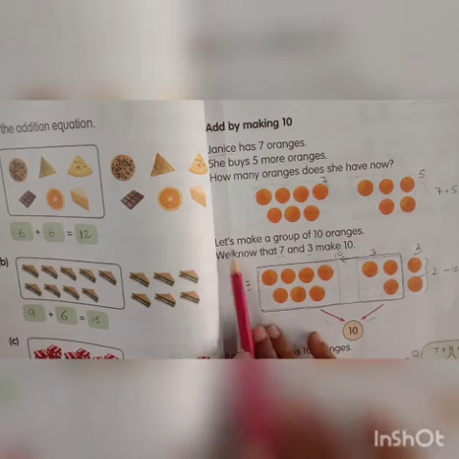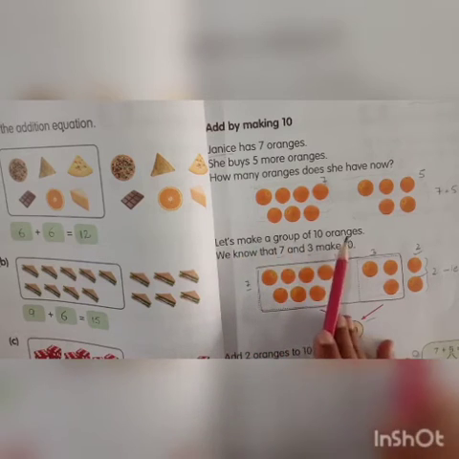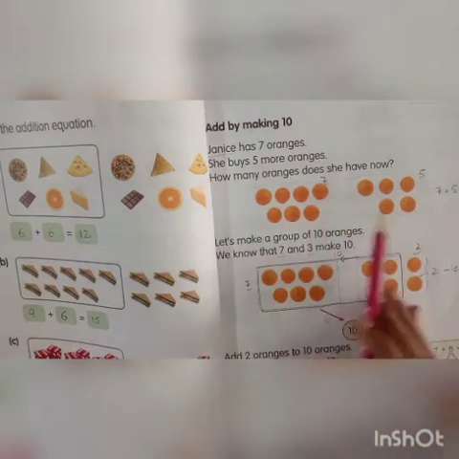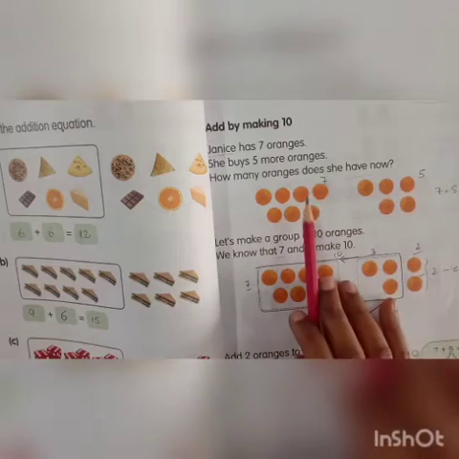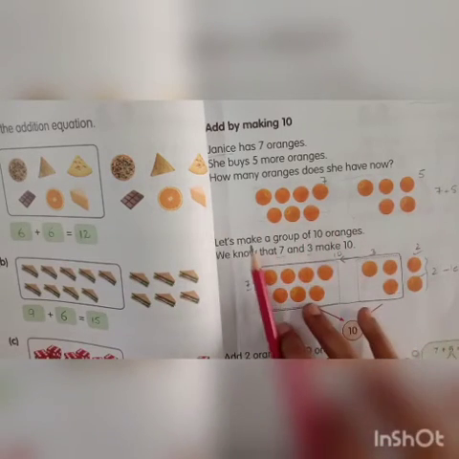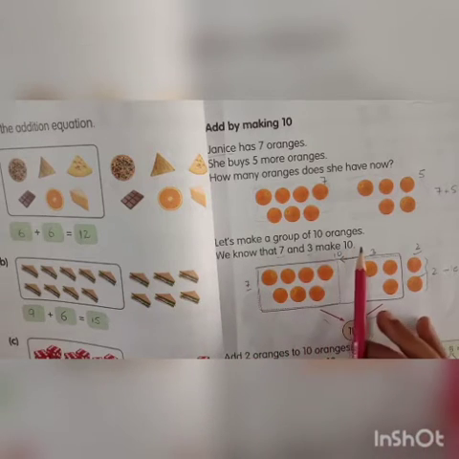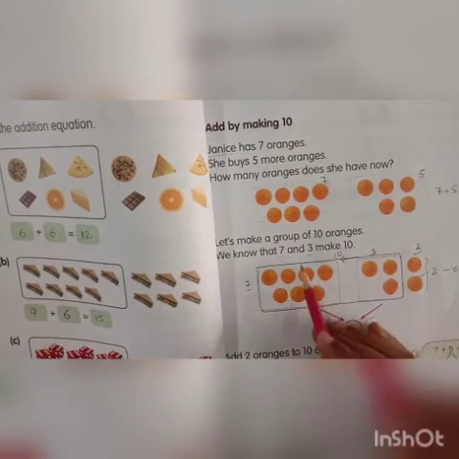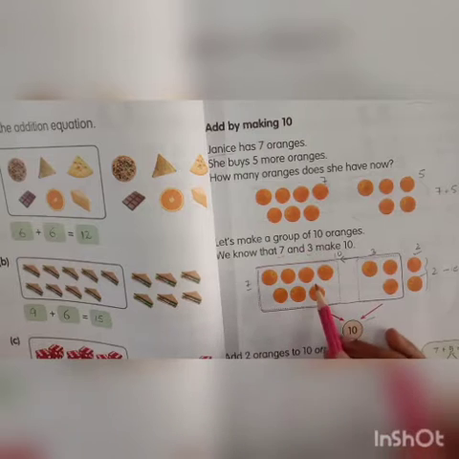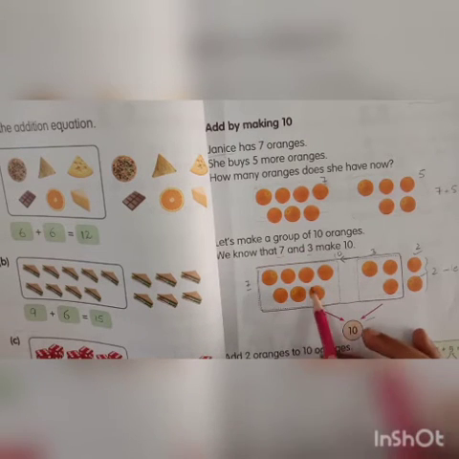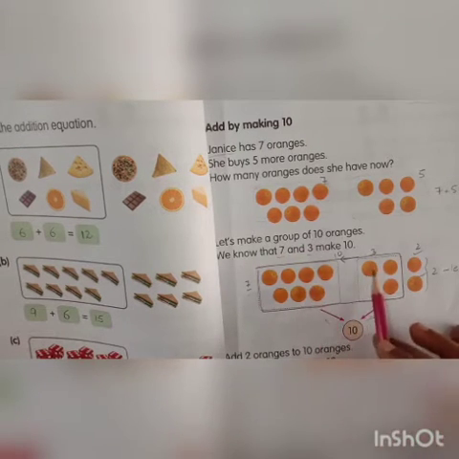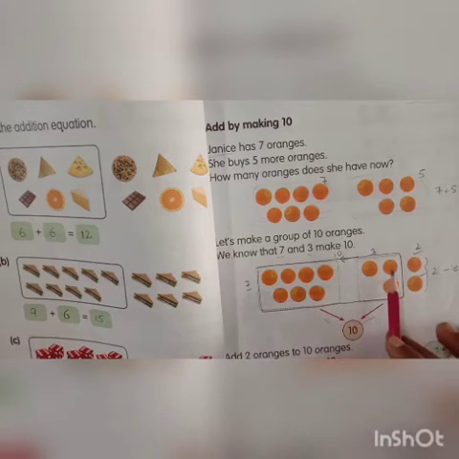How? Like this. Let's make a group of 10 oranges from the bucket of whole oranges, 7 and 5. We know that 7 and 3 make 10. For example, these are 7 oranges. How many oranges do we have to add to make it 10? 7, 8, 9, 10.